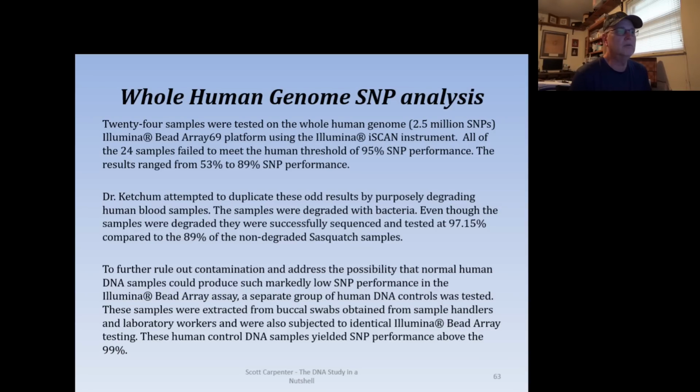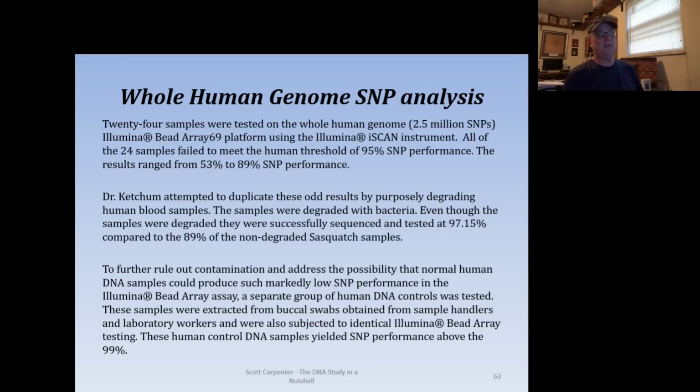These human controls came back at a performance above the 99th percentile level. In other words, just to make sure there wasn't something wrong with the equipment, they swabbed some lab workers and people that had found samples and ran them, and they all came back.